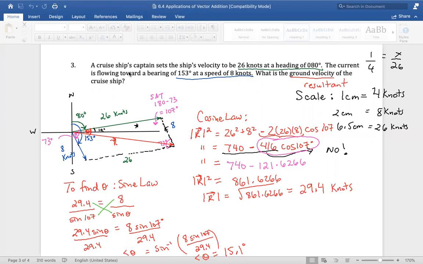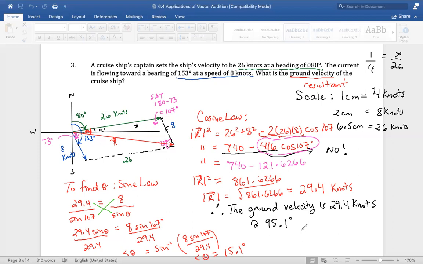So for my therefore statement, sorry, I can see my writing is not the neatest, but I'm doing the best I can here. It's asking for the ground velocity. That's how I should write it out. I shouldn't say just the resultant vector. So say the ground velocity is 29.4 knots at, again, our 90 plus our 5.1, so 95.1 degrees from north going clockwise.